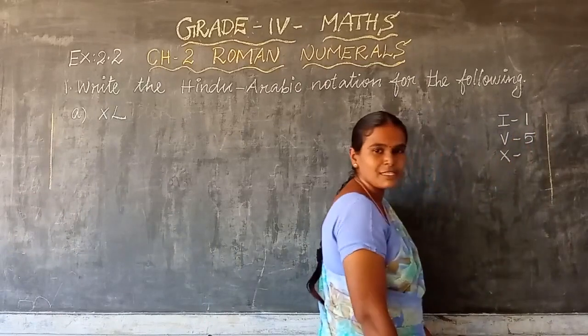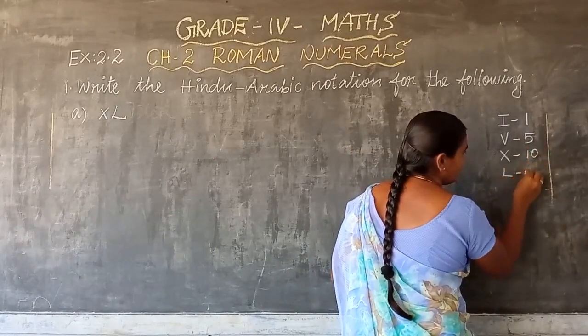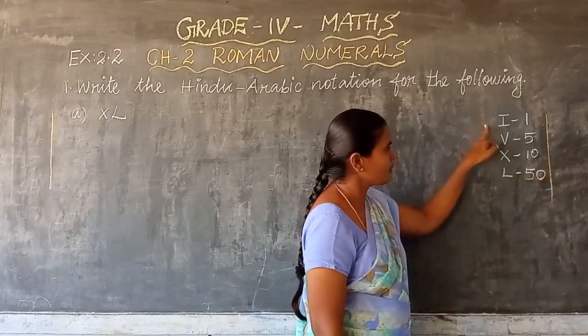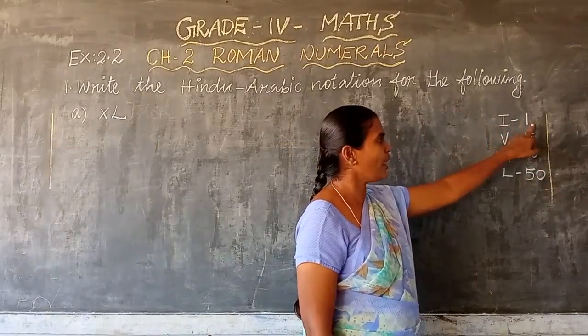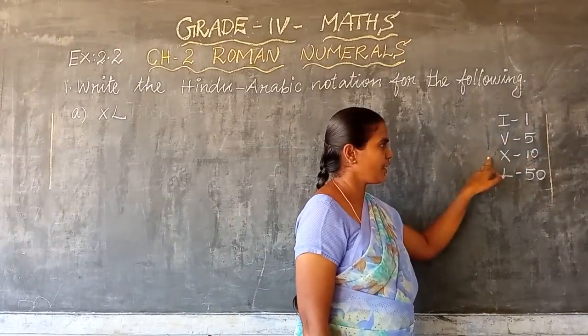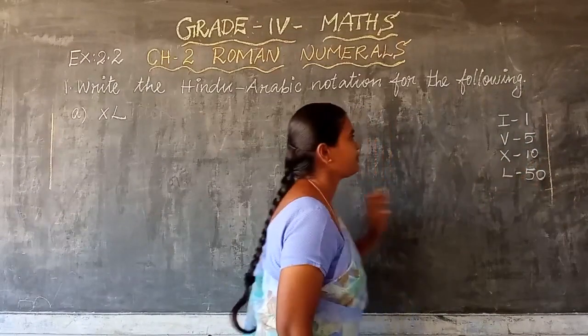Value of X is 10. Value of L is 50. Okay. So now we are using these 4 symbols. Value of I is 1, V is 5, X is 10, L is 50.